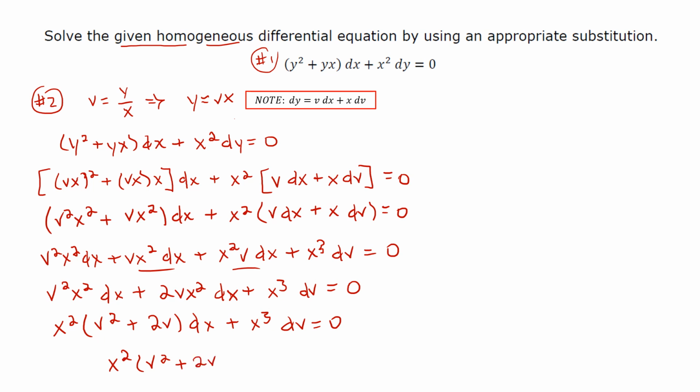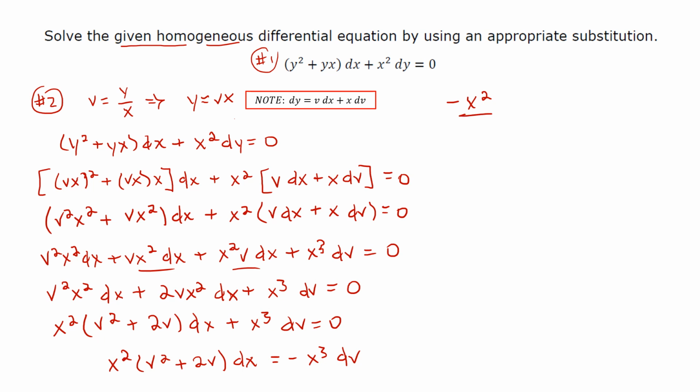So let's move the x cubed to the other side. Then I can divide both sides by x cubed and divide both sides by v squared plus 2v.